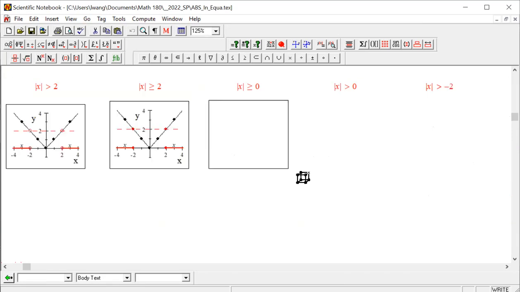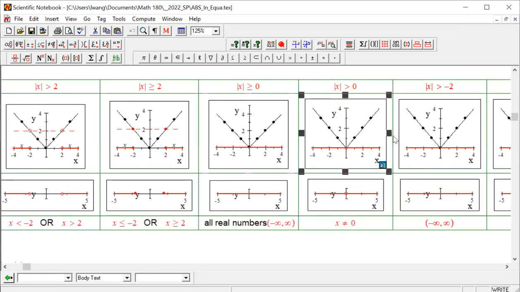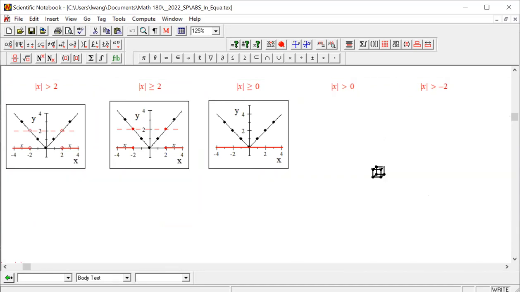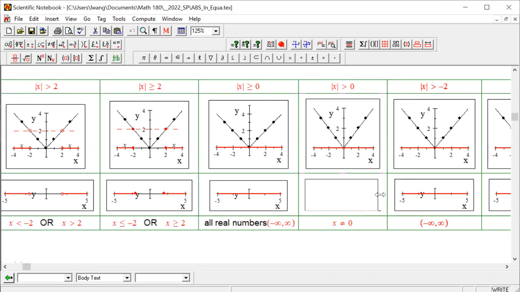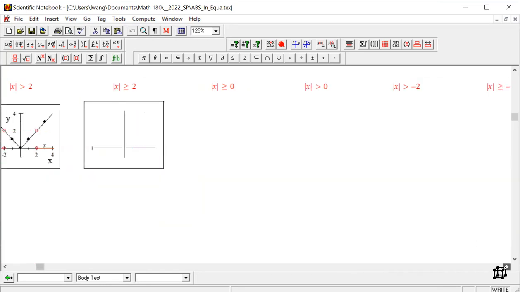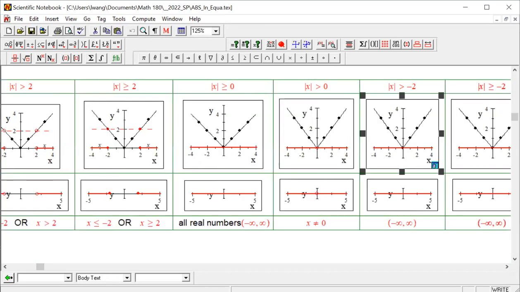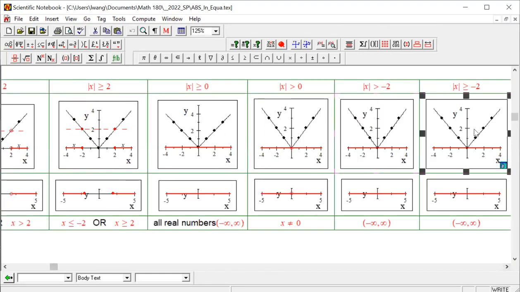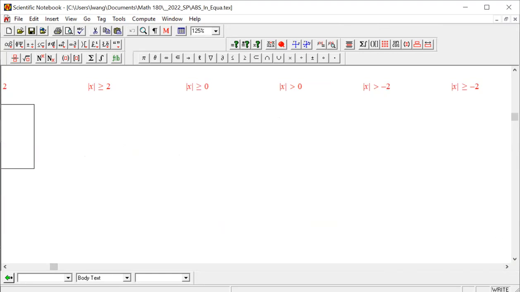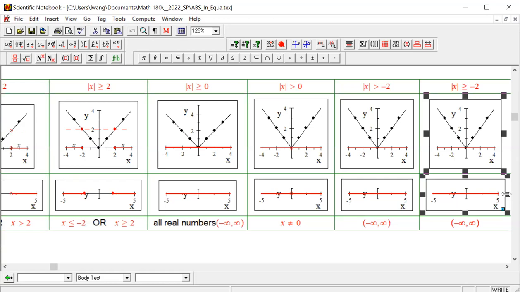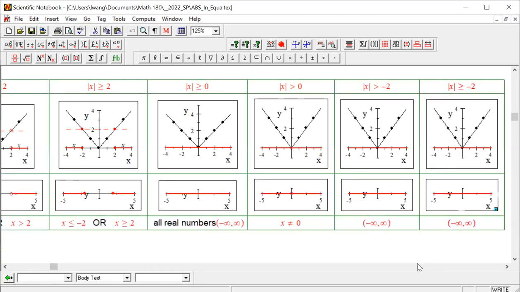In this situation, you really have to put on your thinking cap. Solving these inequalities involving absolute value, you must constantly think of the meaning. If you simply memorize a certain format or rely on your memory, sooner or later you're going to make mistakes and get confused.